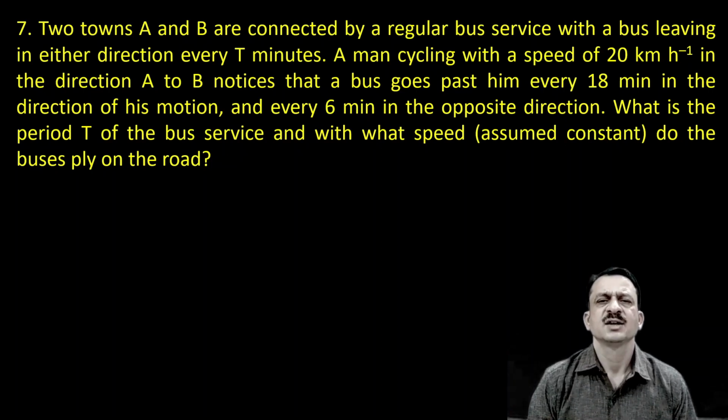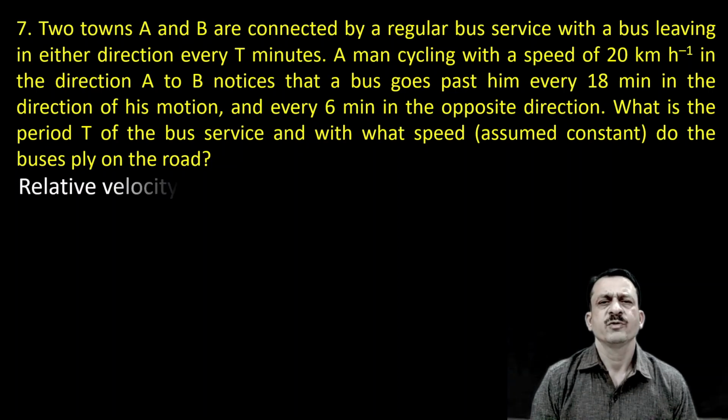He notices that a bus moving in his direction goes past him after every 18 minutes, and a bus coming in the opposite direction goes past him every 6 minutes. With these data, we have to calculate the time period t of the bus service and the velocity of the bus. The velocity is assumed to be uniform, as given.